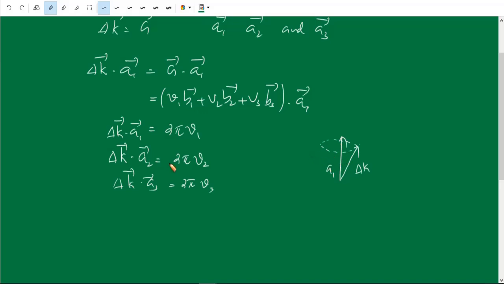Similarly, from the second equation, delta K must lie on a cone about the direction A2. And the third equation says that delta K lies on a cone about the direction A3. So for diffraction to occur, delta K must satisfy all three equations. It must lie on the common line of intersection of all three cones.